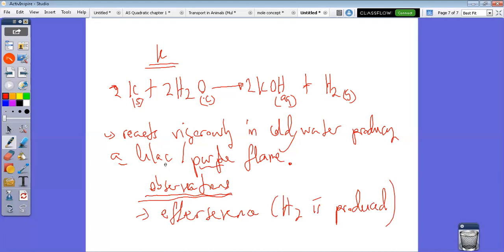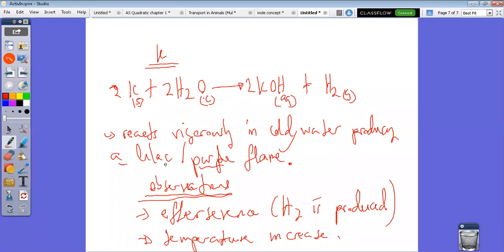The other observation which I left out is that there will be a temperature increase, because the reactions are very exothermic. If you are measuring temperature, there will be an increase.